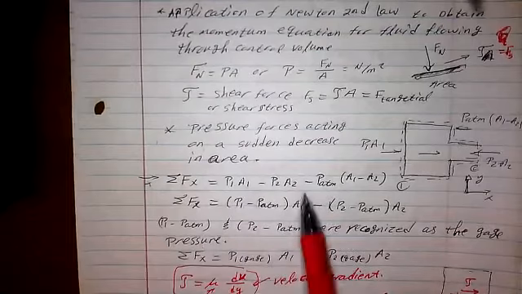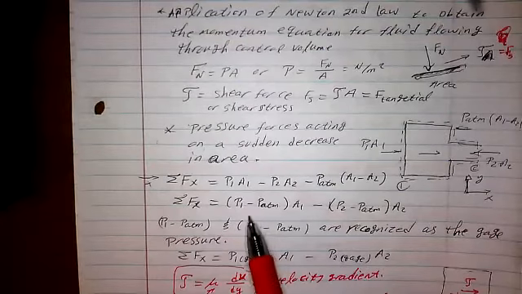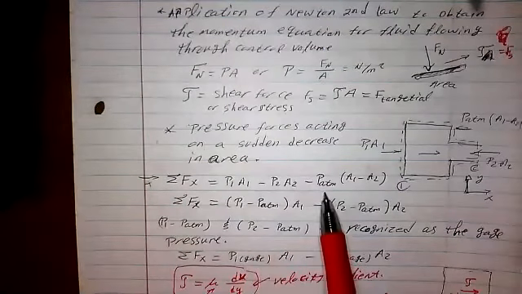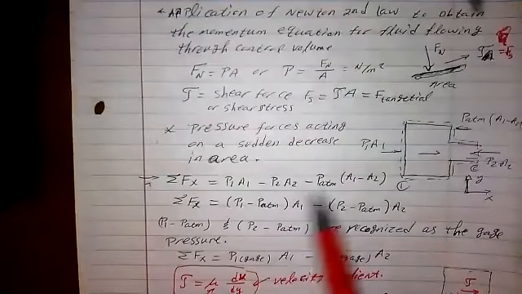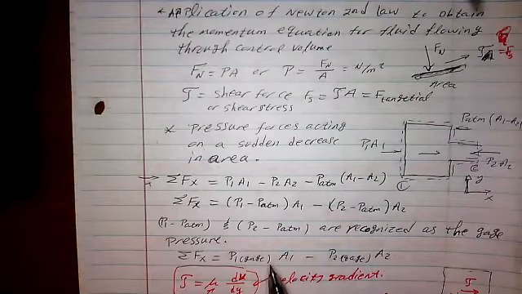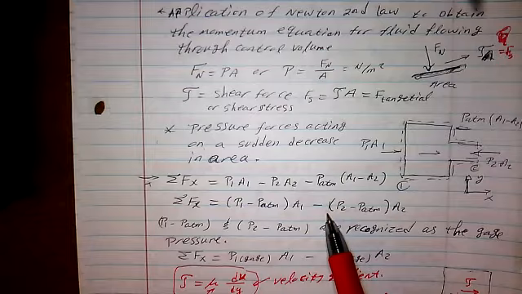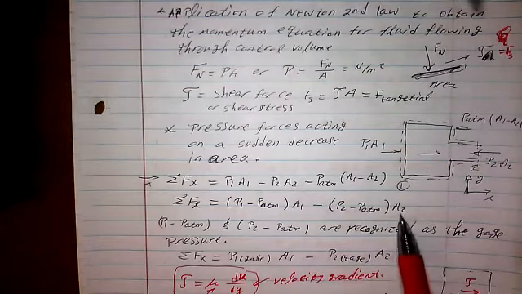If we simplify this, the summation of forces in the x direction is P1 minus P ATM times A1, minus P2 minus P ATM times A2.